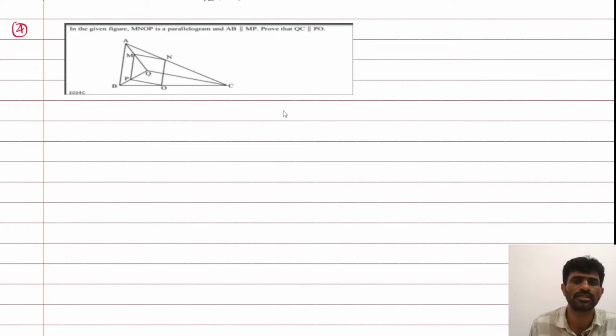We have many triangles in that. One triangle we have like this. One second, I will try to draw here to understand better. First, we will take this triangle.